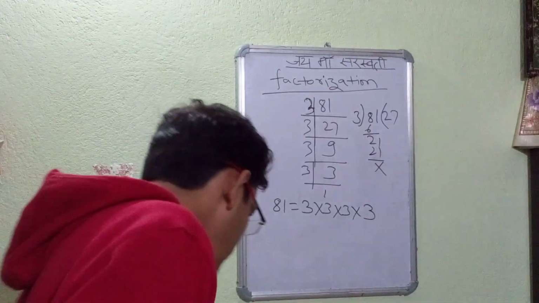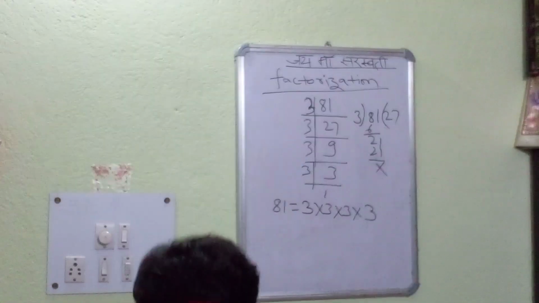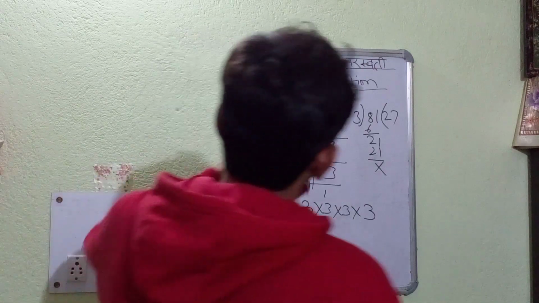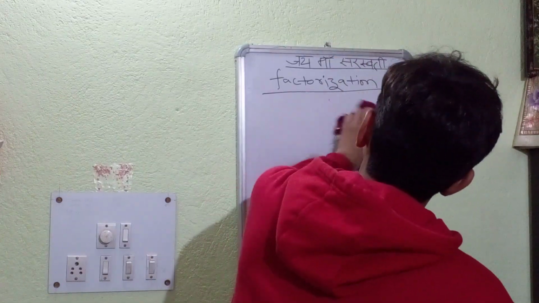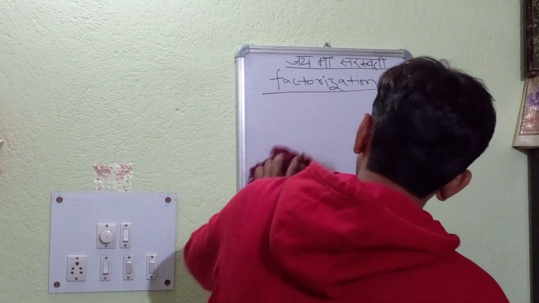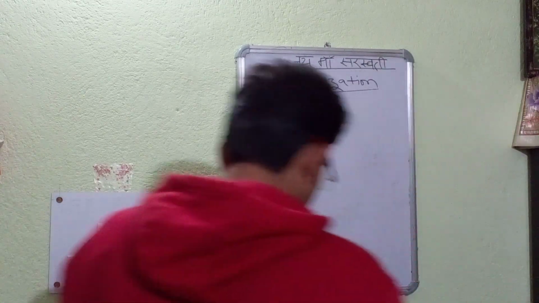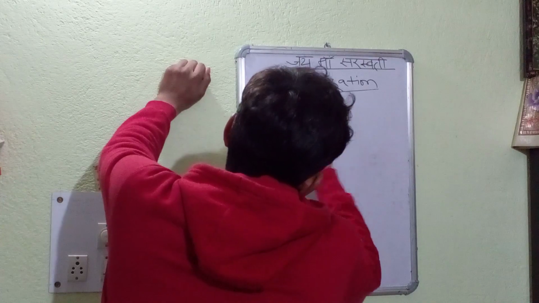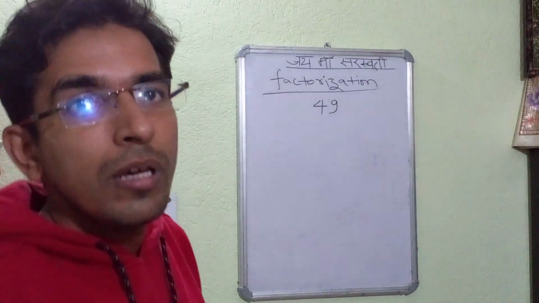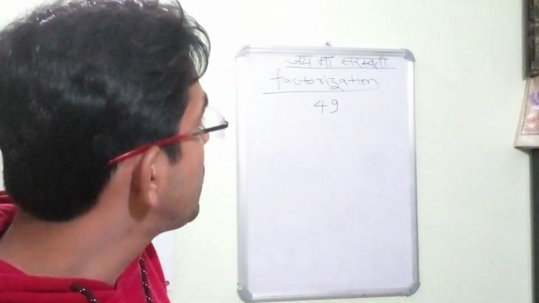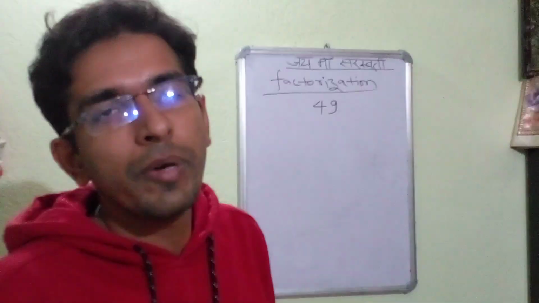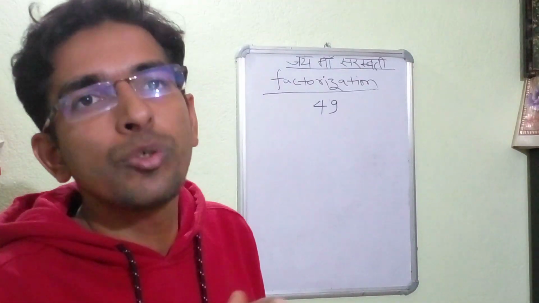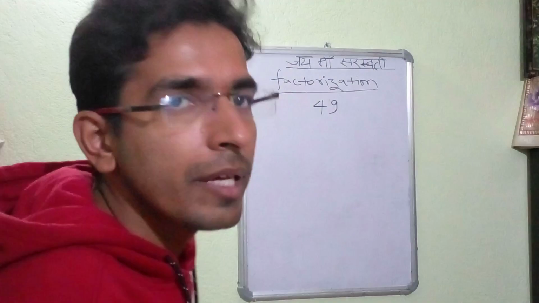So again we take a simple example. Suppose we take the number 49. Understood? As we know, it is the square of 7. If we multiply 7 two times, we get 49.